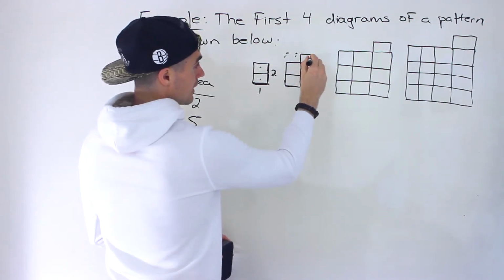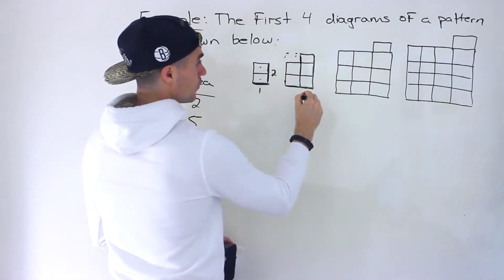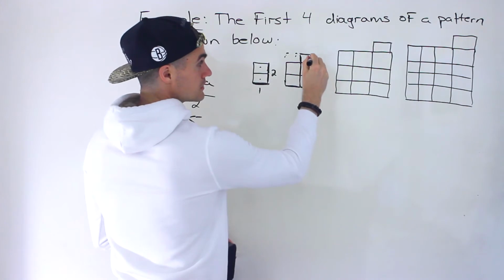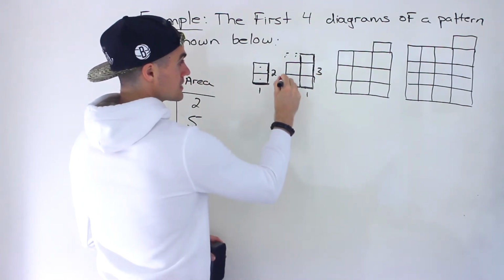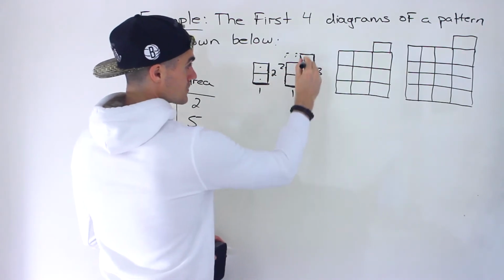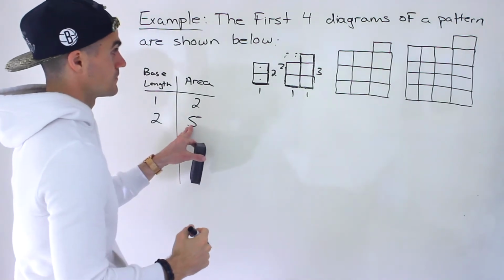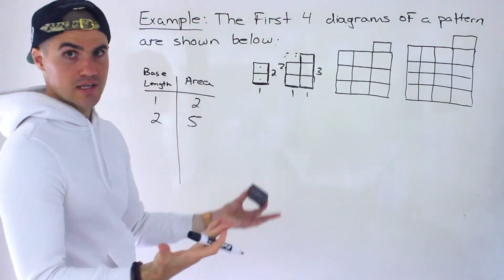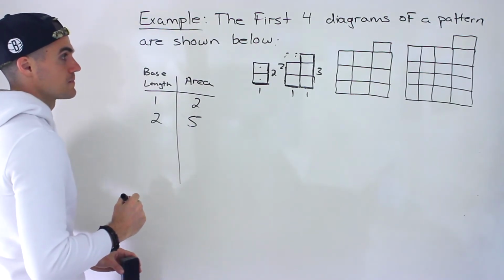So you can take the area of this rectangle, which would be 1 times 3, so this is 3. And then the area of this rectangle, which would be 1 times 2, so this would have an area of 2. 3 plus 2 gives us 5. Or again, you could just count the squares. That's probably the easiest way to go about it in this case.